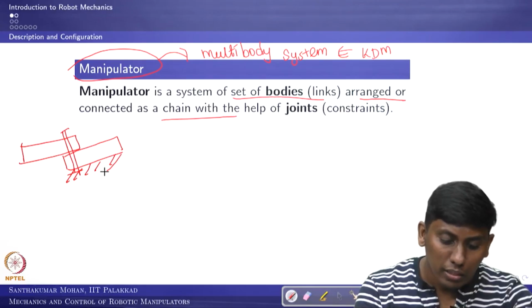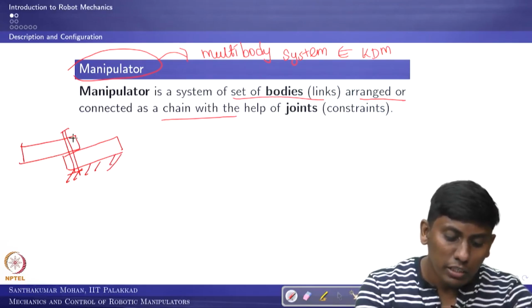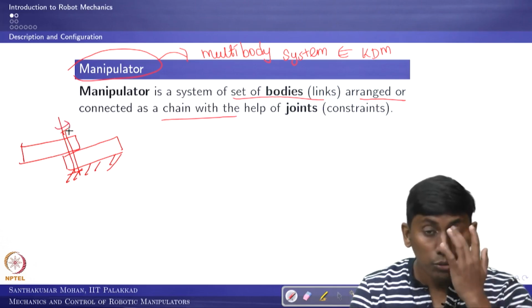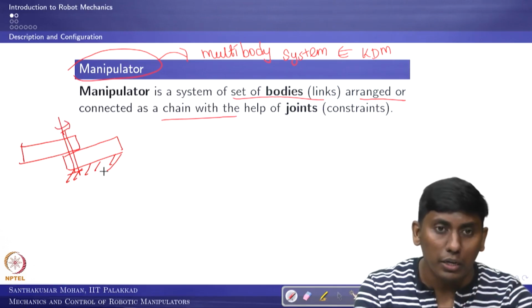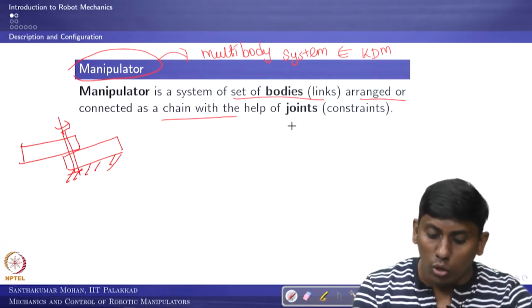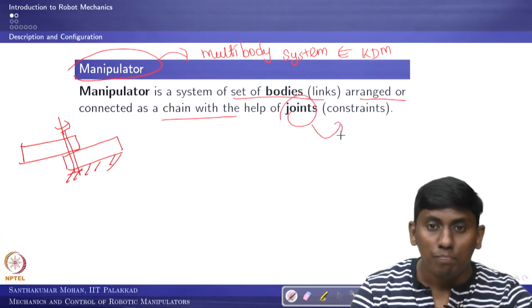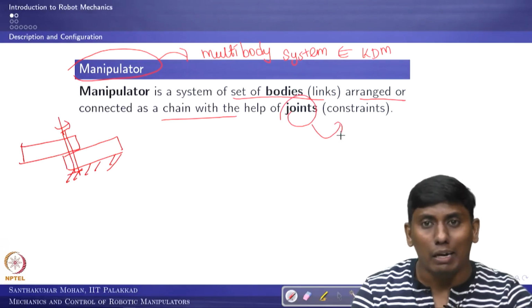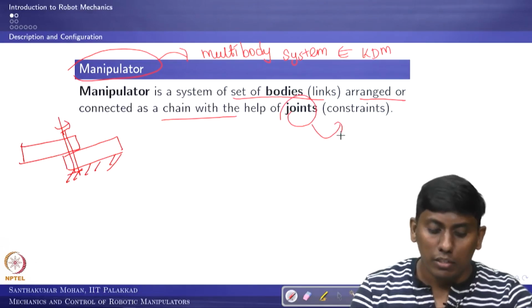Now the ground and this pin are grounded, and this body rotates with respect to this pin. So you have constrained these two bodies with this connection. That's why we simply call the joints constraints, and generally the bodies in a manipulator we call links. This is the basic idea.